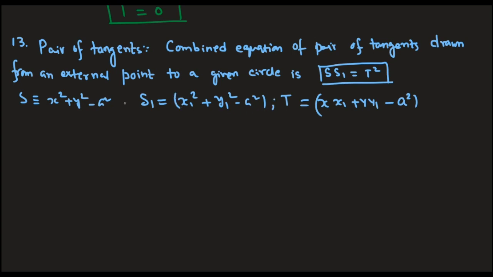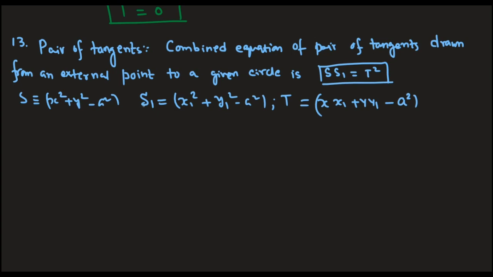Okay, now here pair of tangents means we are going to calculate the combined equation of the pair of tangents drawn from an external point to a given circle, and that will be S1 equal to T square, where S is equal to x square plus y square minus a square.